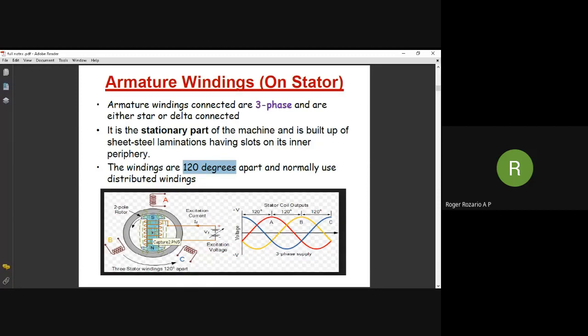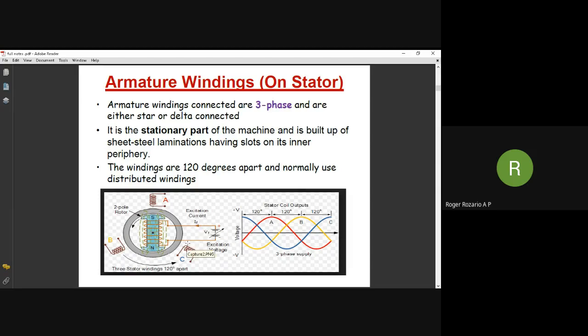And look at the rotor. The rotor is provided with the DC excitation, and that DC excitation is called the excitation voltage. And the current due to this excitation voltage, since the windings are short circuited, is IF.